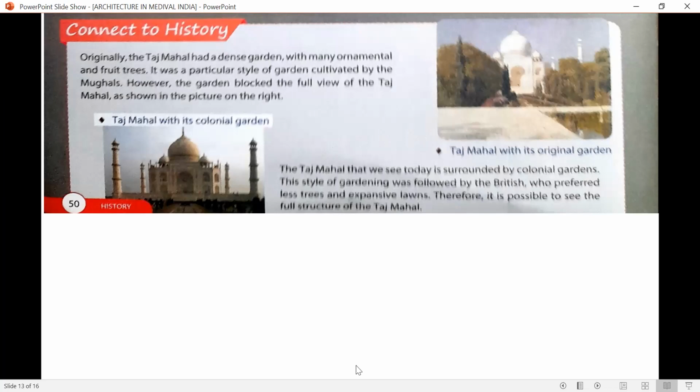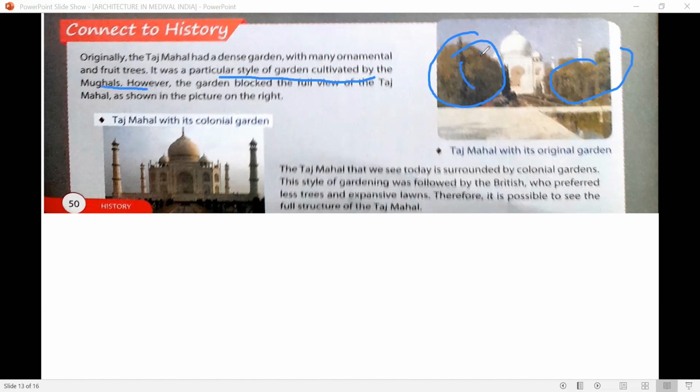The original garden actually looked like this, with a lot of fruit trees and ornamental trees. It had a particular style of garden which was cultivated by the Mughals, and the fruits would be cultivated by the Mughals.